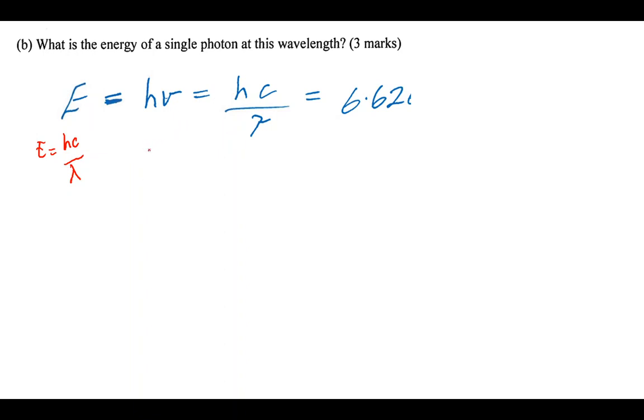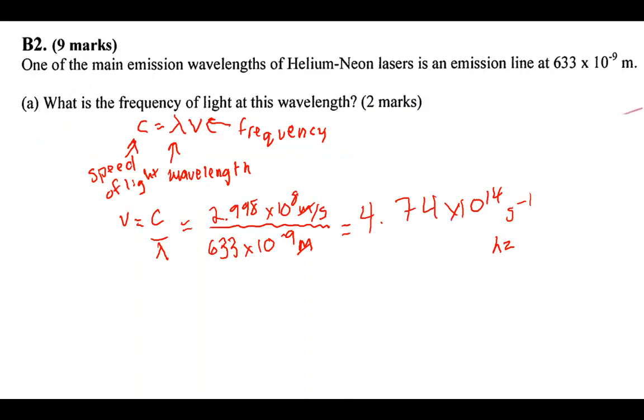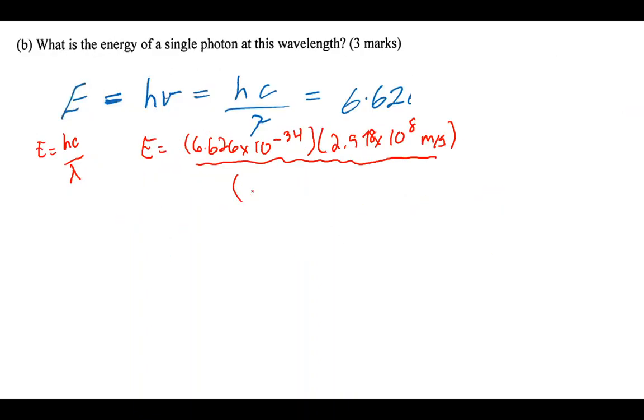So in order to plug all this in, you have E is equal to Planck's constant, so that is 6.626 times 10 to the negative 34th, times your speed of light, which is 2.998 times 10 to the 8th meters per second, all divided by your wavelength in meters, which we calculated as, or did they give us the wavelength before? Yeah, it was 633 times 10 to the negative 9th meters.